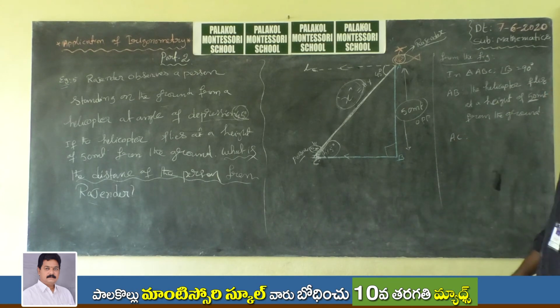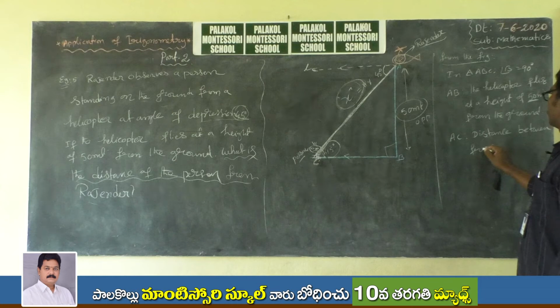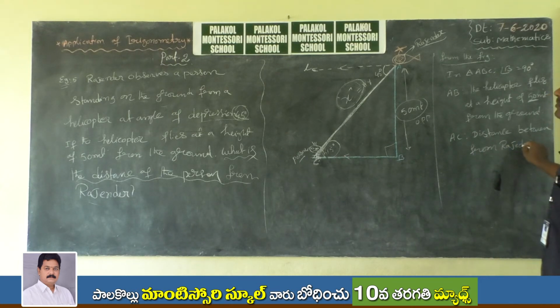AC is the distance from Rajendra to the person.